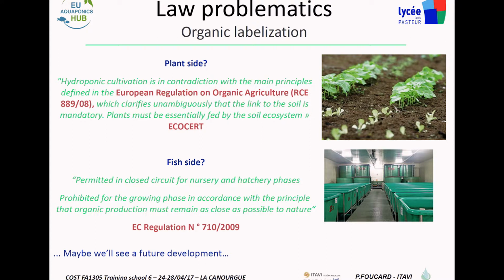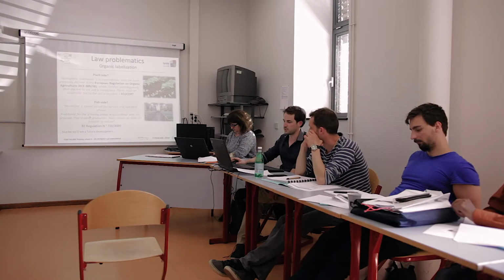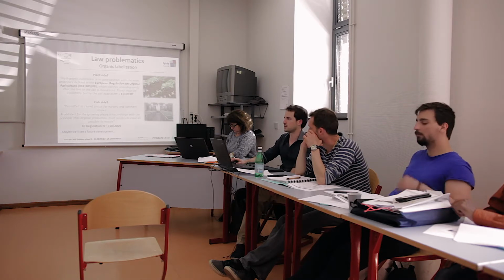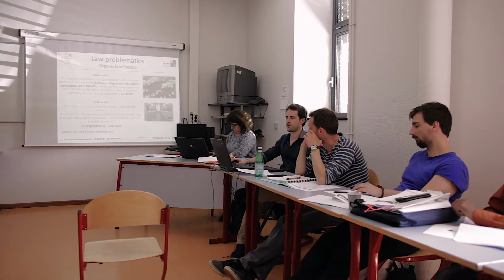And unfortunately, it's the same for the fish side. Even if you use biological feed in your system with no chemical inputs, you can't have biological fish production in Europe. But maybe we'll see a development in the future because in Canada and USA it's not much of a problem.